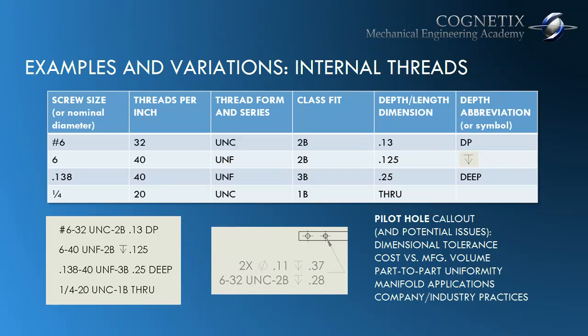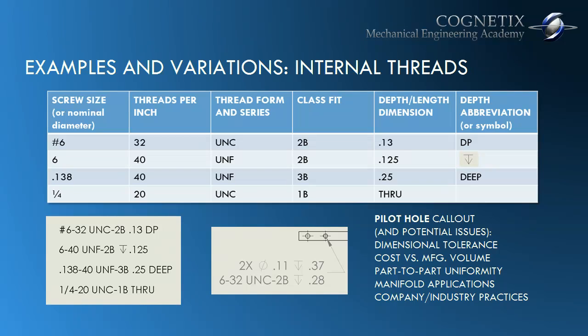On the third row, we have a 1/4 of an inch deep thread. And on the fourth row, an example of an internal thread that goes all the way through the part or through the wall. So no dimension is called out, you simply spell out the word through. On the last column, we have the depth abbreviation or symbol. So deep is sometimes abbreviated as DP.